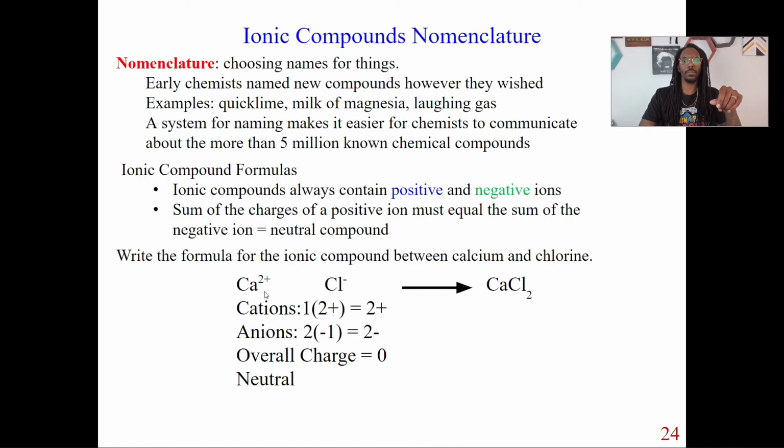Calcium is a +2. Chlorine is a -1. Okay, so here's the thing that I was mentioning, right? We're going to cover this now more in detail with those families. Remember how I said you want to know those family groups? Now is the time to know those family groups. Okay, those main group elements.